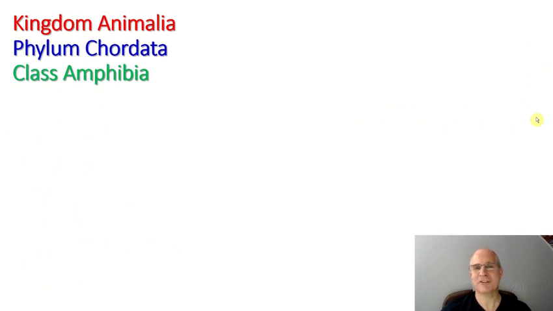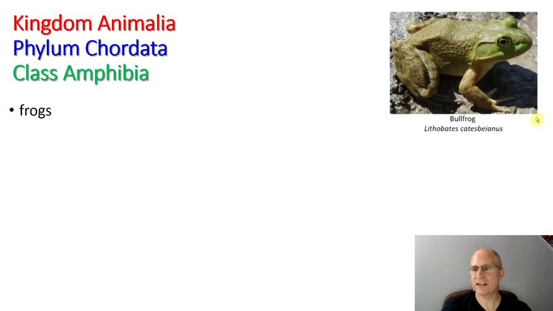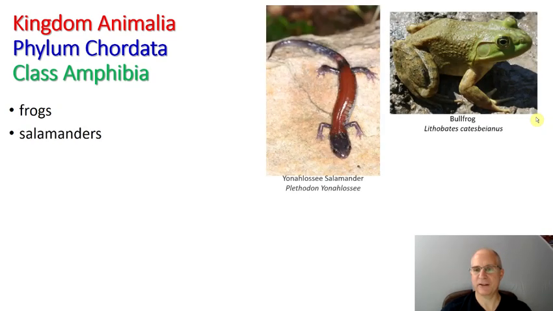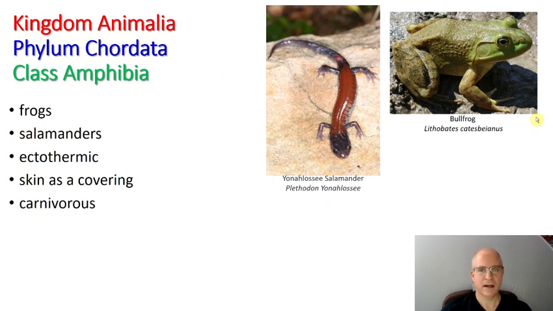So when we look at the different types of amphibians, the two big types are the frogs, like the big bullfrog that you see right here, and the salamanders, like the really pretty Yanalasi salamander picture I took here. They are all ectothermic. They cannot regulate their temperature. They have skin as the covering. They are, as adults, almost exclusively carnivorous.